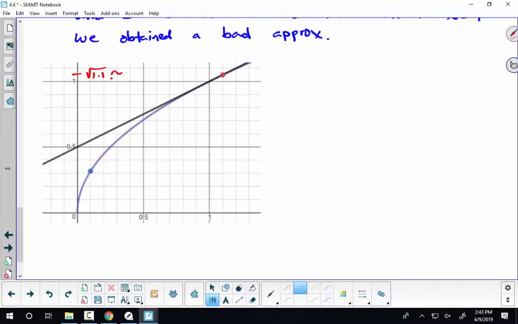And that was approximately our linear approximation at 1.1. So those were virtually identical. This point down here, however, is the actual value, and this is our linear approximation.